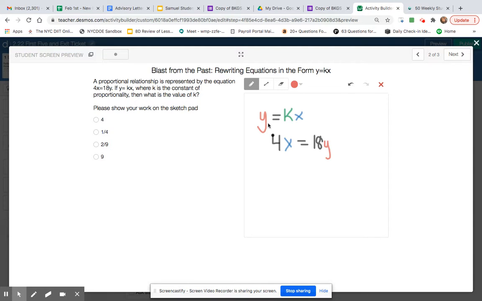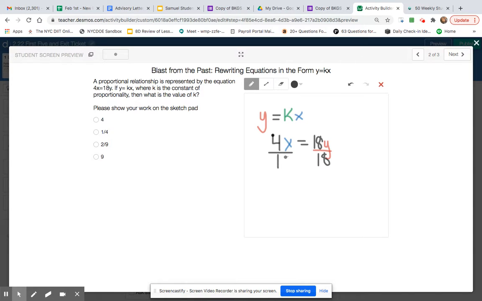Keep in mind, guys, it doesn't matter where the y is located, okay? Make sure that you're dividing both sides by the number, the coefficient that's next to the y. So we're going to divide both sides by 18. Okay.